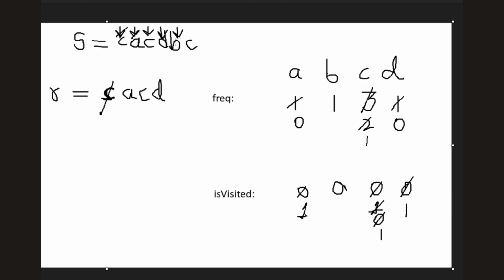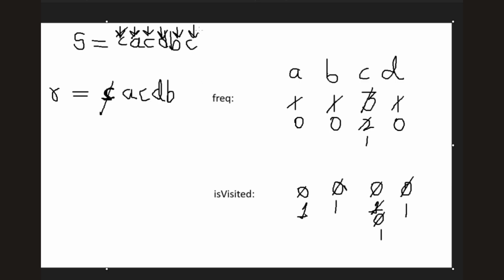Here at B, since B is being added after D, D is greater than B, right? But in the frequency, we notice that there is no other D left on the right side of this pointer, so we cannot pop this D. Because of that, we just add B here, make the frequency of B 0, and mark it visited.